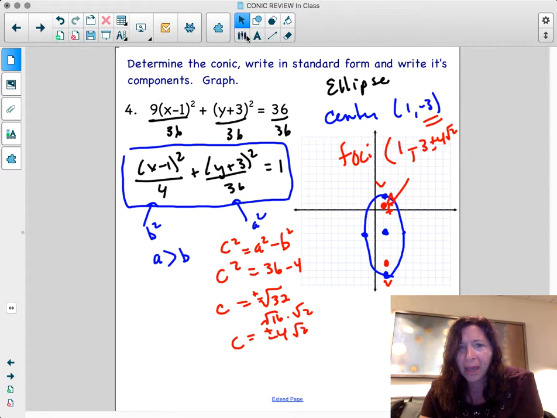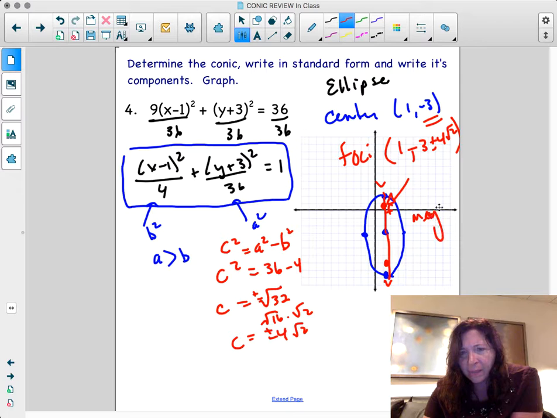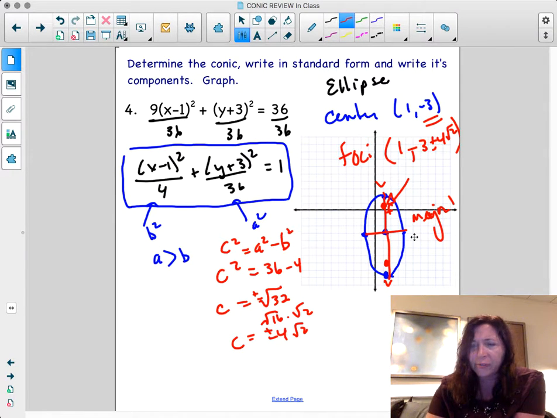Okay, and then this one will go like that. Okay, so those are my focal points. You're going to need to know the length of your major axis. So the major axis is 6 this way and 6 that way. So that makes the major axis 12. And my minor axis is going to go the smaller axis. And so that's going to be the square root of 4, 2 to the left, 2 to the right.